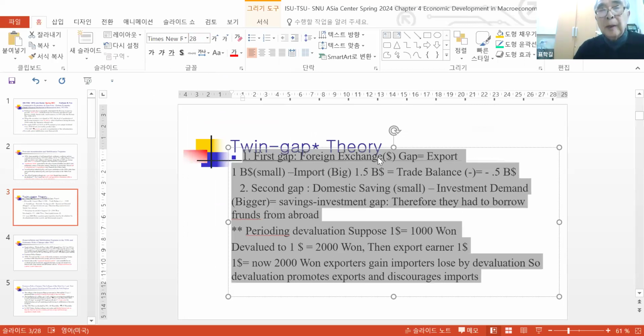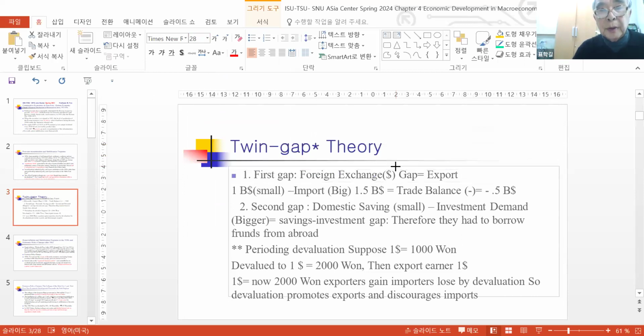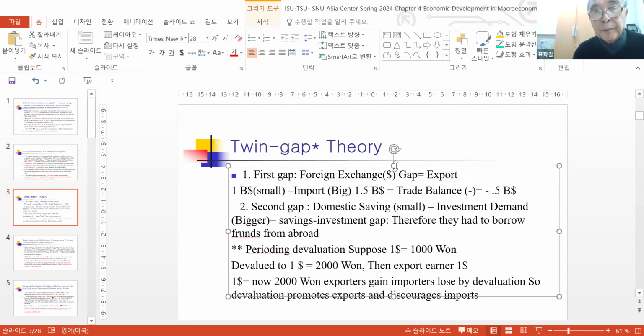Okay. So this is the twin gap theory and devaluation story.